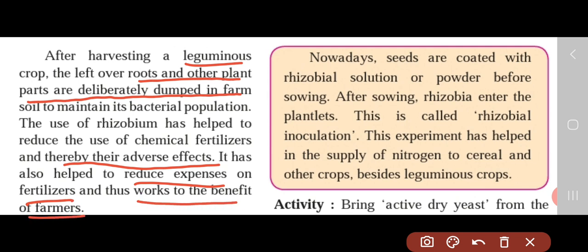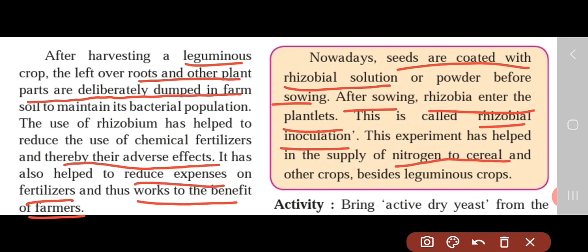And nowadays seeds are coated with rhizobial solution. Solutions of rhizobia are taken as powder before sowing, and after sowing, rhizobia enter the plantlets. This is called rhizobial inoculation. This experiment has helped in the supply of nitrogen to cereal and other crops besides leguminous crops.